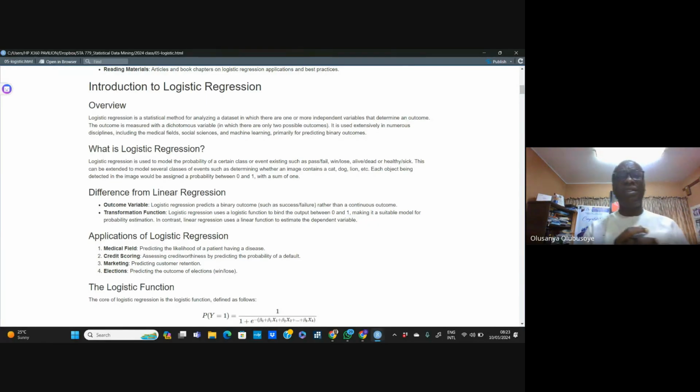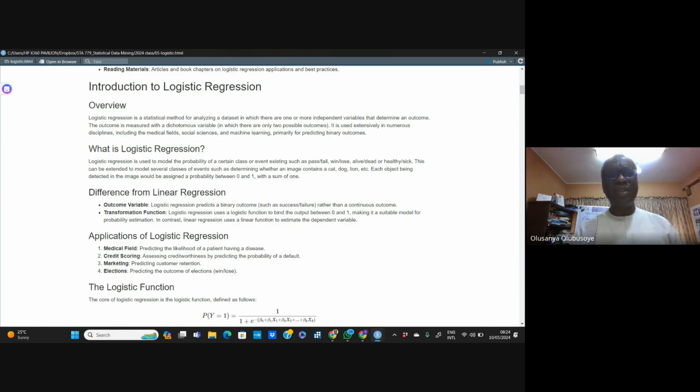Logistic regression is actually modeling the probability that one of the outcomes will occur. A linear regression model does not model probability. It models the actual observation, not the probability of the observation occurring.